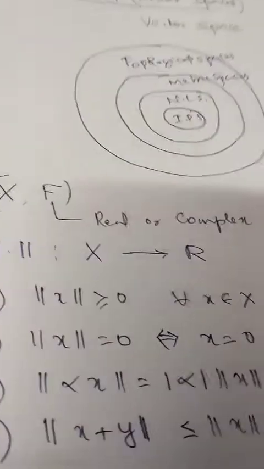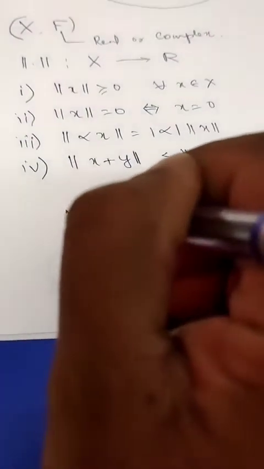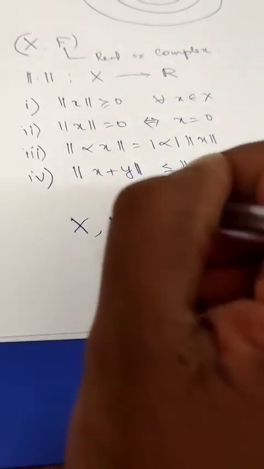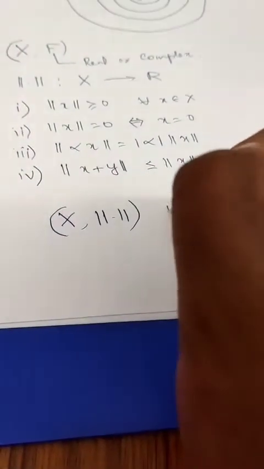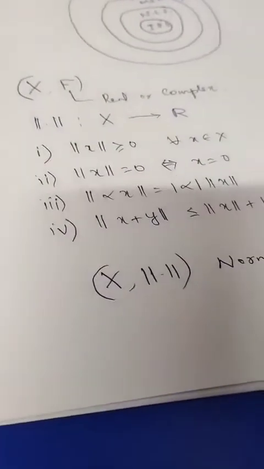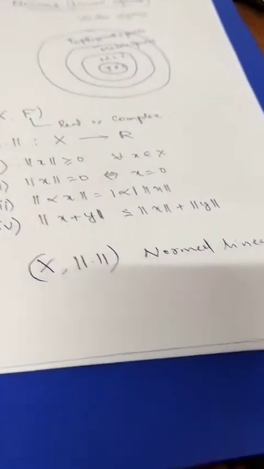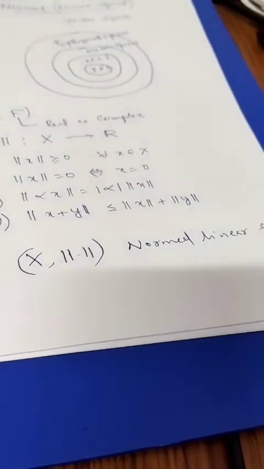Any linear space X, together with this norm, is known as a normed linear space. This is the formal definition of a normed linear space.